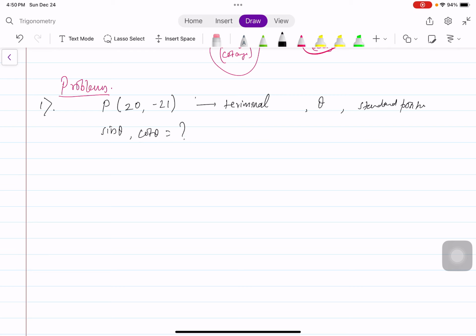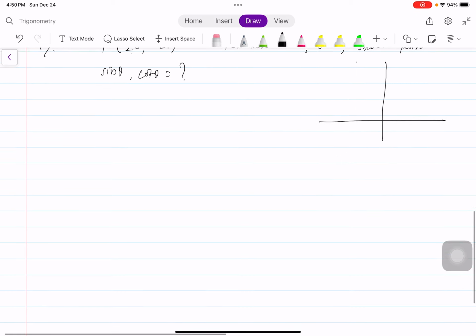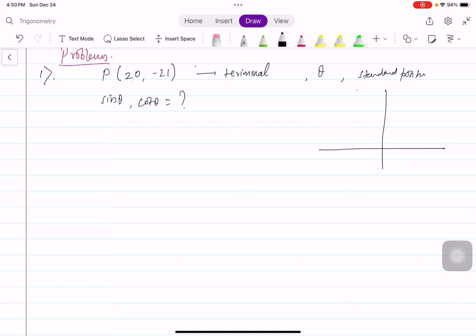Since this is a point x comma y, x is positive and y is negative. Where does this point lie then? Second quadrant. Sorry, my bad, this is incorrect. Since x is positive and y is negative, it is the fourth quadrant. And this is 20 comma negative 21.